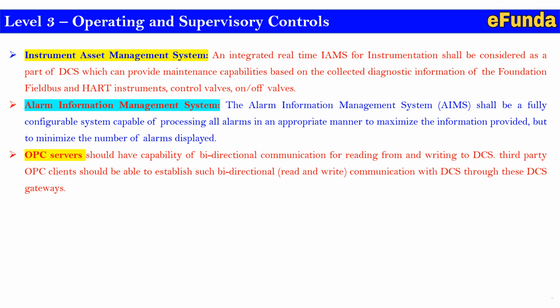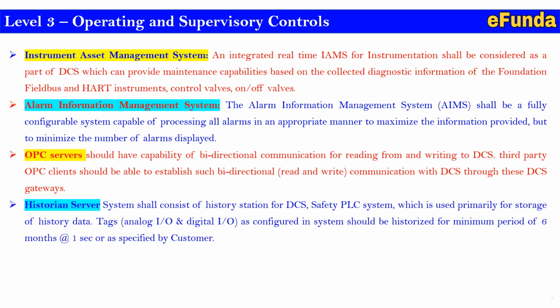Historian server system shall consist of a history station for DCS and safety PLC system, which is used primarily for storage of the history data. Tags, that is analog IOs and digital IOs as configured in the system, should be historized for a minimum period of 6 months at the rate of 1 second or as specified by the customer during the system specification.